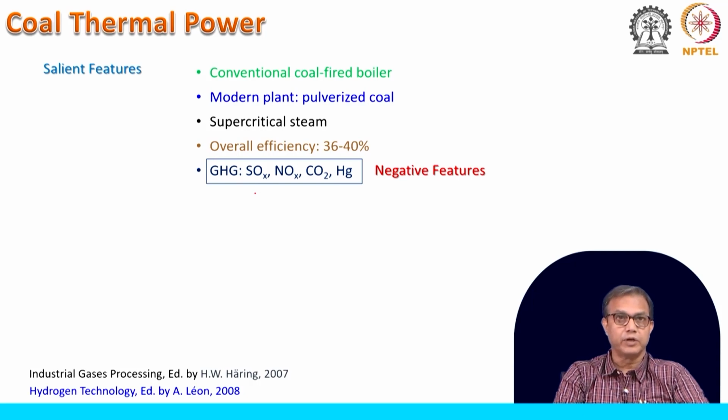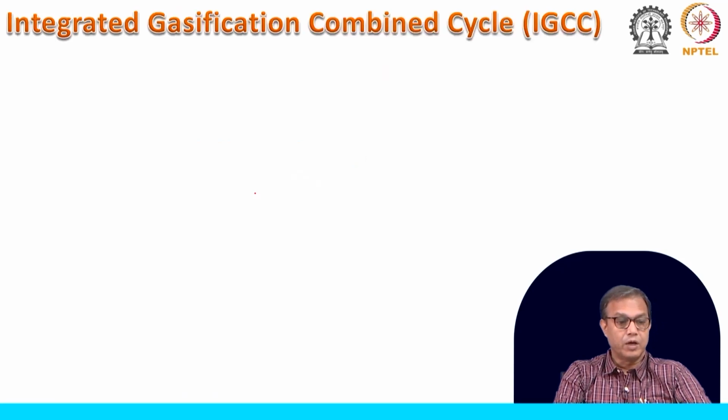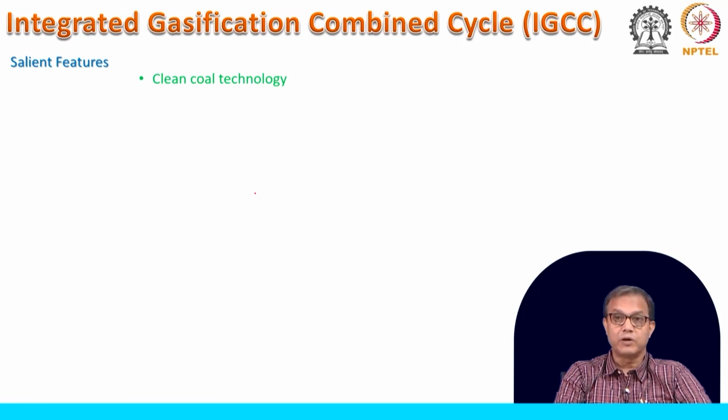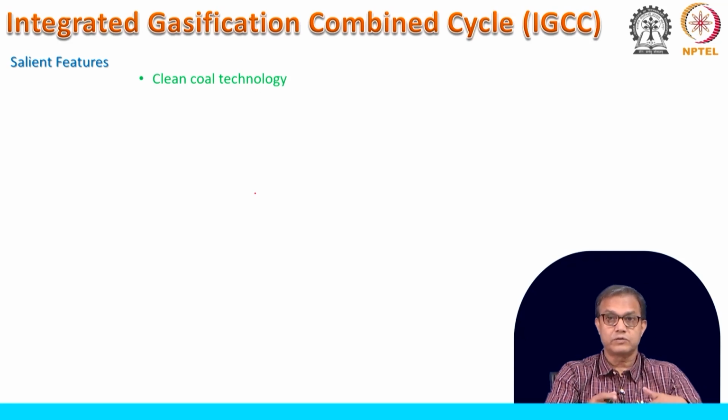Here at this point we will be talking about integrated gasification combined cycle, or IGCC. Okay. So, what does this process mean? It is basically a kind of clean coal technology, unlike the conventional process where the usual pulverized coal or powder coal is directly burned and generates steam.